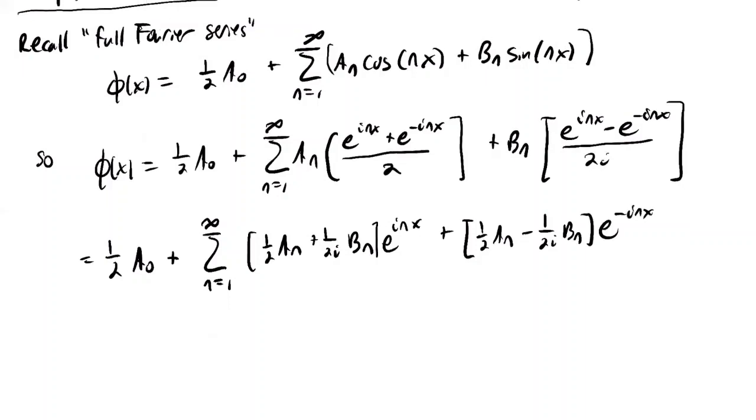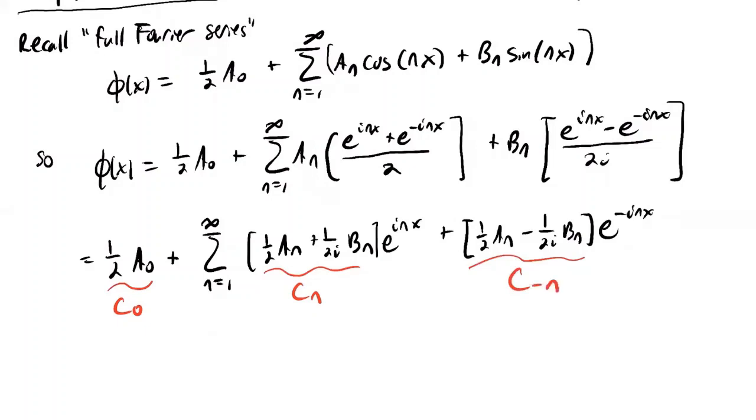And so I have a certain term corresponding to e to the inx with a possibly different coefficient, and another term corresponding to e to the minus inx. Let's call this thing C_n. Let's call this coefficient C0, and let's call this coefficient C_minus n.